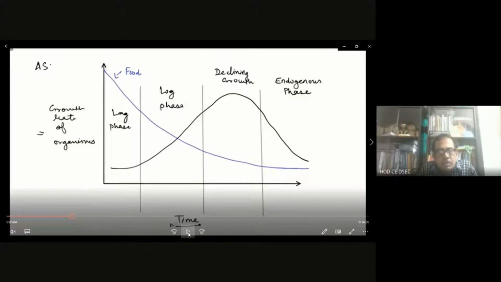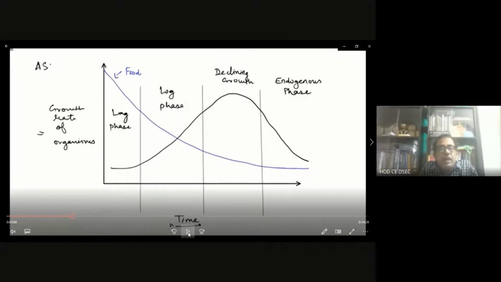So there is no question of recirculation of the sludge from the secondary sedimentation tank. So initially the biomass is less in the aeration tank. So the F by M ratio, the food, that is the organic matter, is more, but the biomass is less.